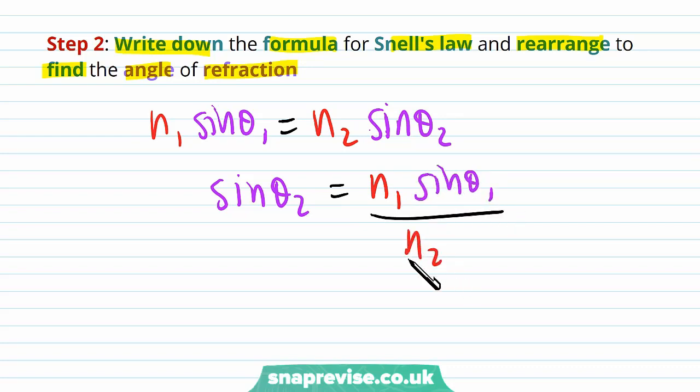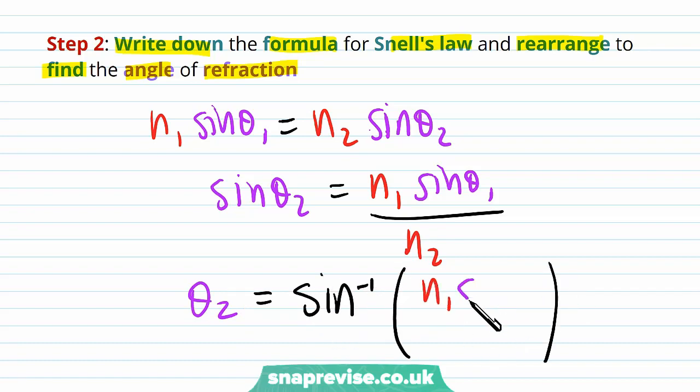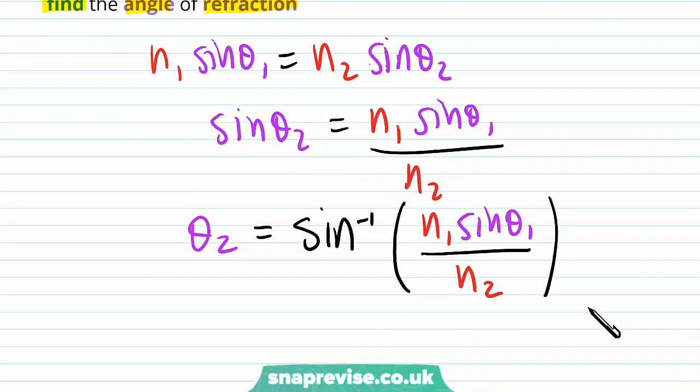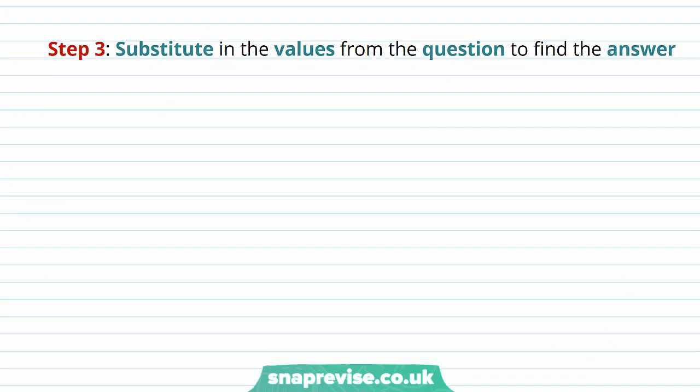And then we can take the inverse sine of this expression in order to make theta 2 the subject. So we then get theta 2 is equal to sine to the minus 1 of n1 sine theta 1 divided by n2. And now our final step is to substitute in the values from the question to find the answer.